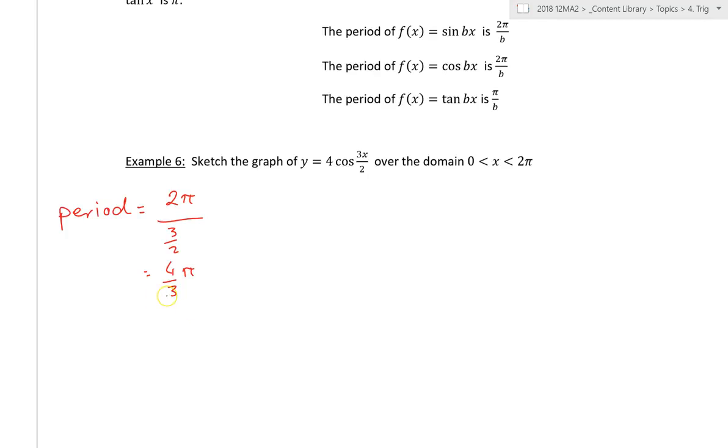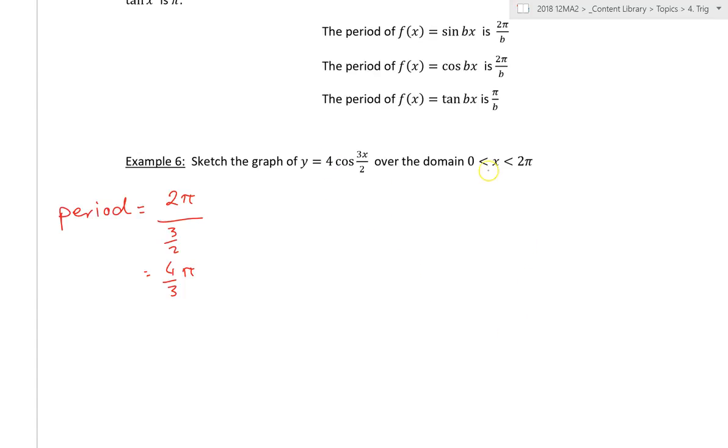So the reason I want to think about that is between 0 and 2 pi, I should get 1.5 full cycles. I find it much easier to sketch the curve first and then draw the axes and intercepts in afterwards. I know I need 1.5 full cycles.